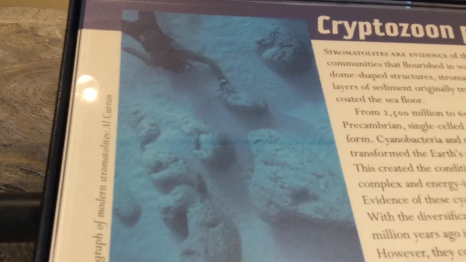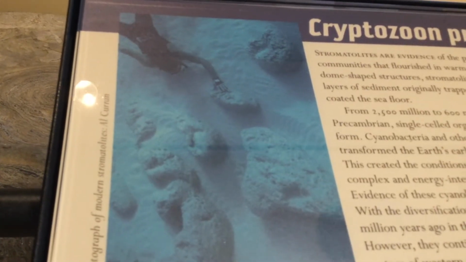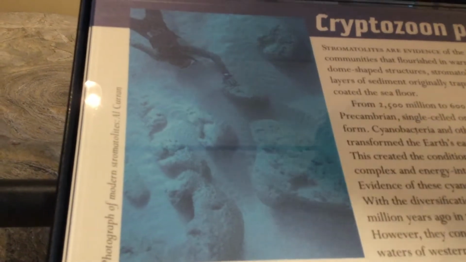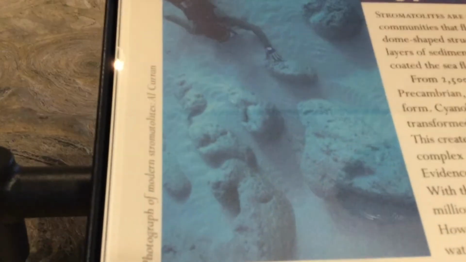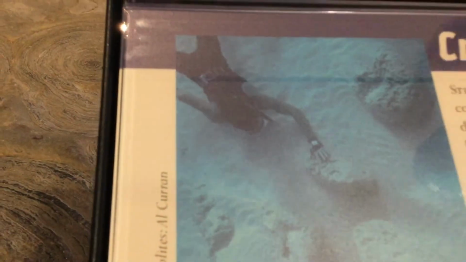This picture was taken very close to this modern day age, obviously, because it's a sea diver. The rocks you're seeing here are stromatolites which were formed in the current age. These are not fossils. So yes, cyanobacteria still exist today, and they still produce oxygen.